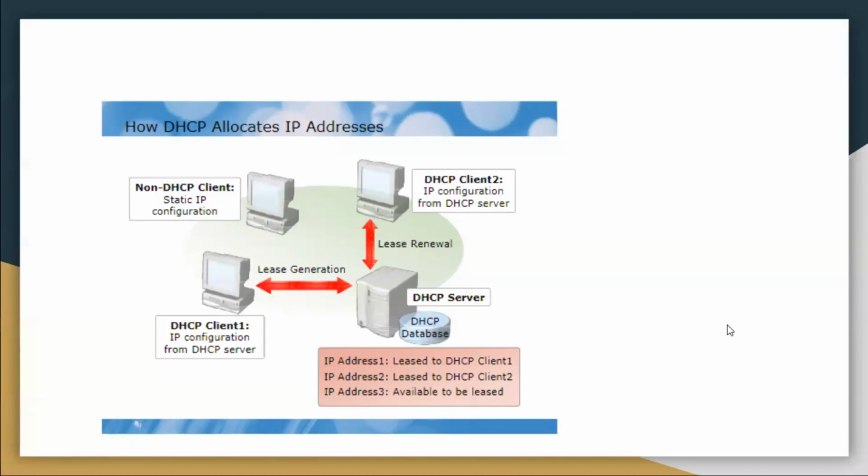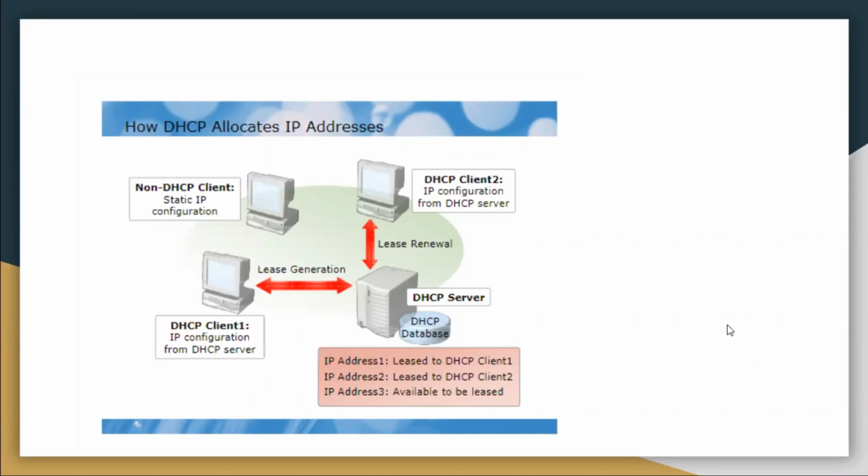The router directs the Discover packet to the correct DHCP server. The server receives the Discover packet and, based on availability and usage policy set on the server, determines an appropriate address, if any, to give to the client.